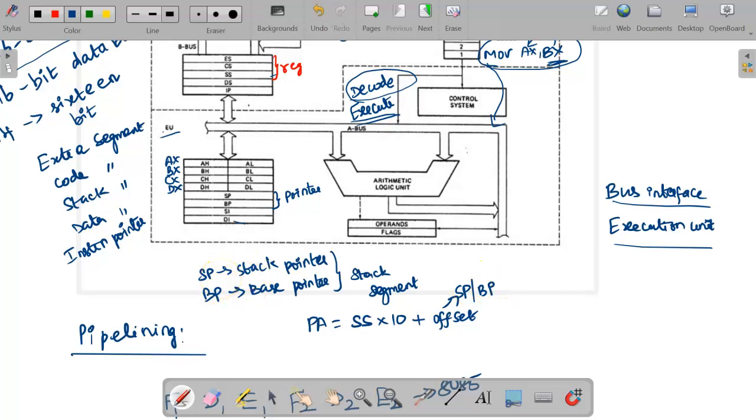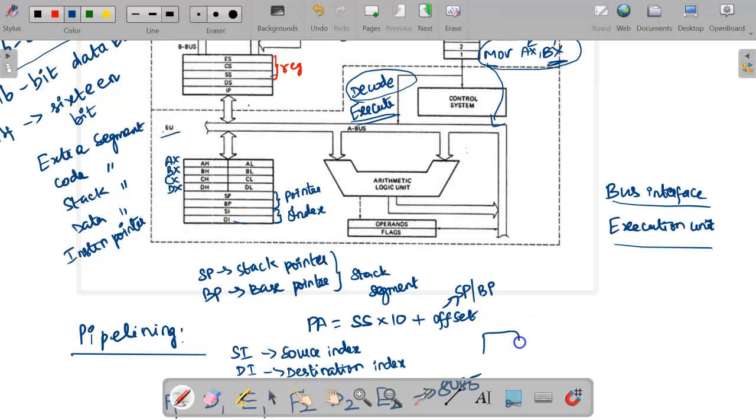Similarly, I have two more registers called index registers. SI is source index, DI is destination index. Source index and destination index are used whenever we are going for string operations. So we have source as well as destination.